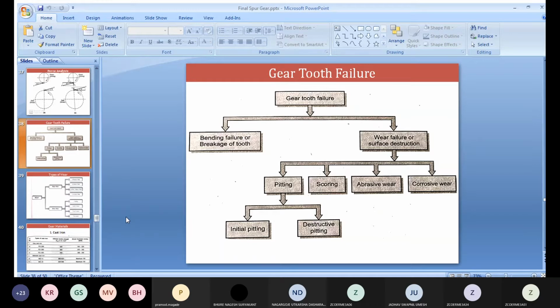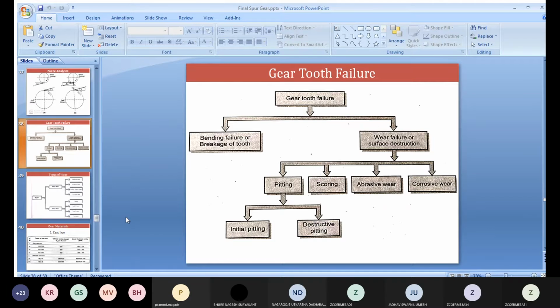Third, abrasive wear. So first listen, what will happen? See, in case of abrasive wear, if some material or some porosity or some crack occurs over the surface, some particle like a dust particle or porosity or crack removal material is trapped in between the meshing, there will be the formation of abrasion.